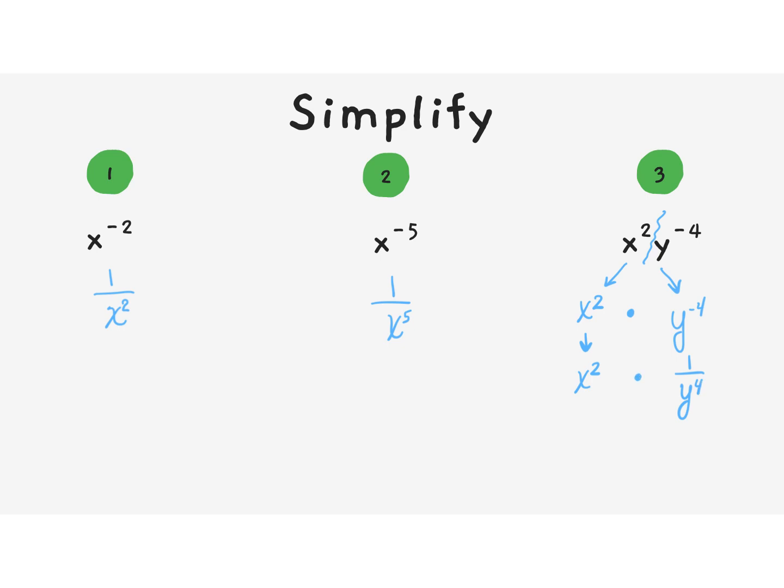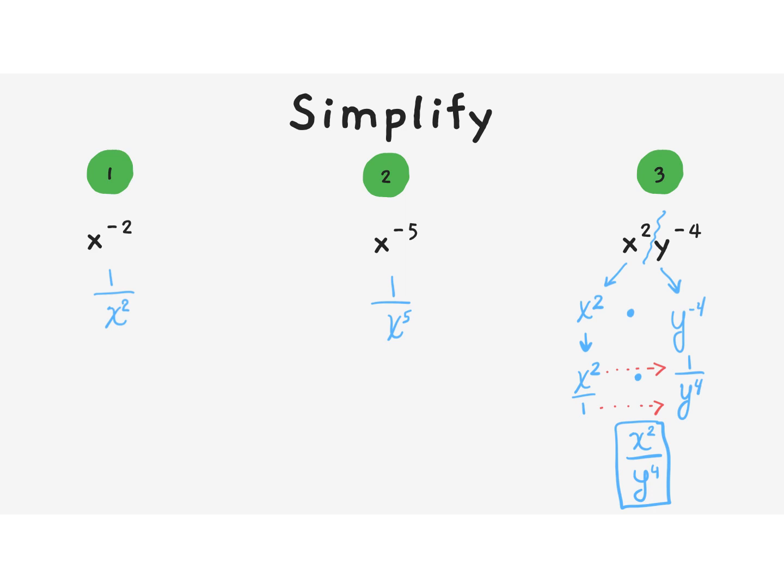But remember, you are multiplying them. So understanding that this looks like that, when you multiply fractions, you multiply across. And when you do that, x squared times 1 is just x squared. And 1 times y to the 4th is just y to the 4th. So that is your new problem.